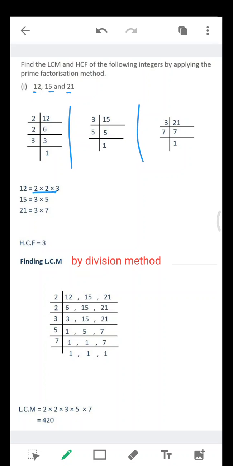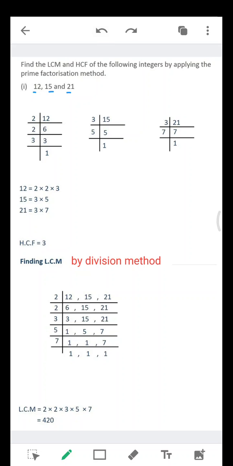Then taking 15, 3 fives are 15, 5 ones are 5. So the factors of 15 are 3 into 5. Next I'll find the factors of 21, 3 sevens are 21 and 7 ones are 7. So 3 into 7. These are the factors of all the three numbers.